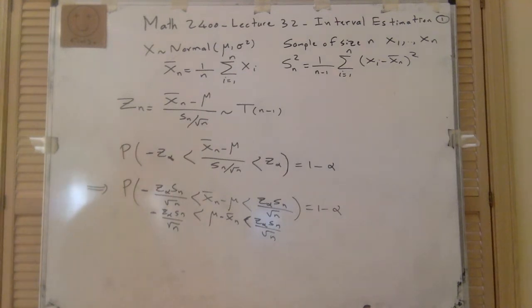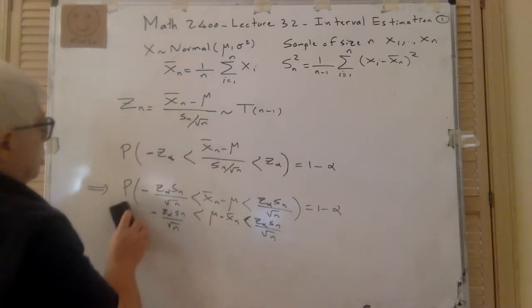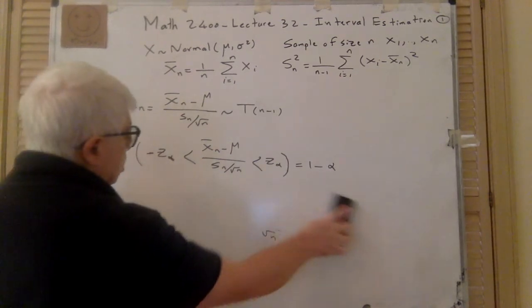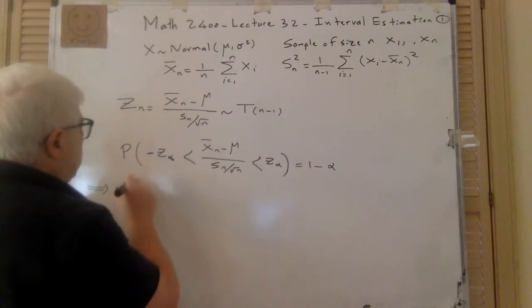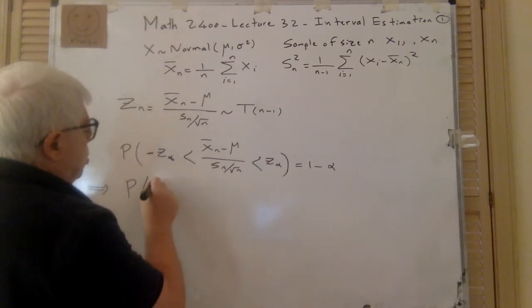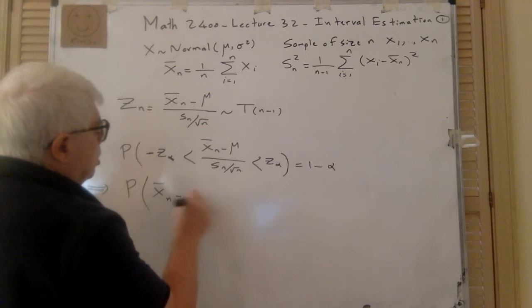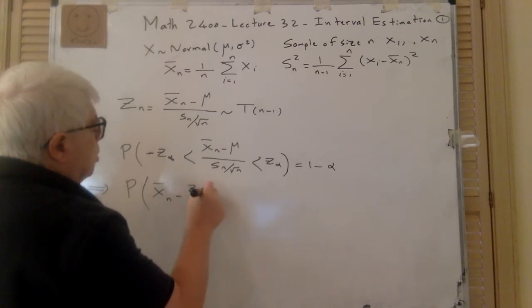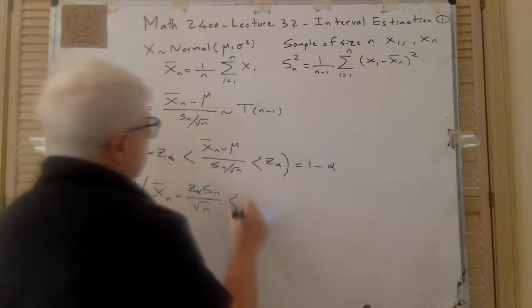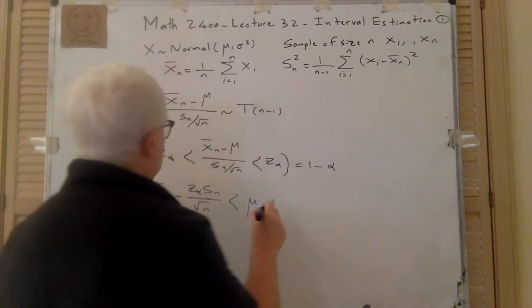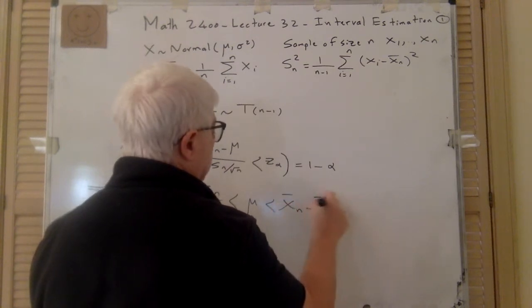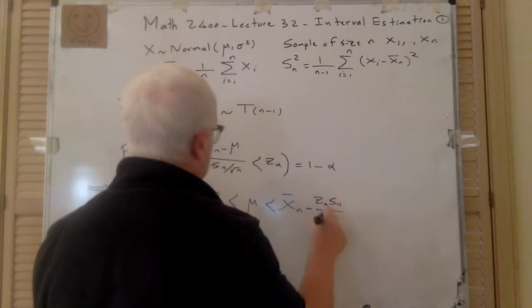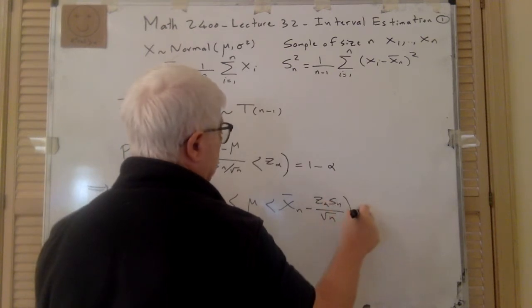So this guy here is equivalent to this. Just some simple algebraic manipulation will give me this. x bar n minus Z alpha Sn over square root of n is less than mu less than x bar n plus Z alpha Sn over square root of n.